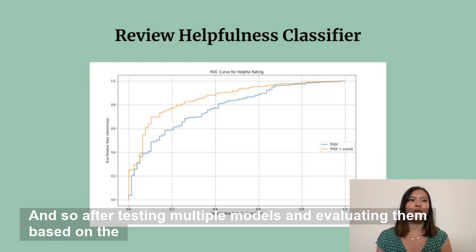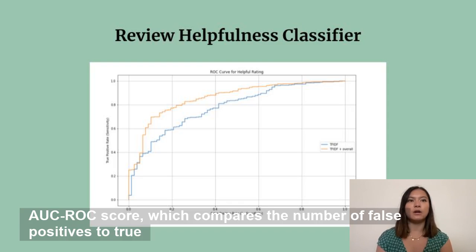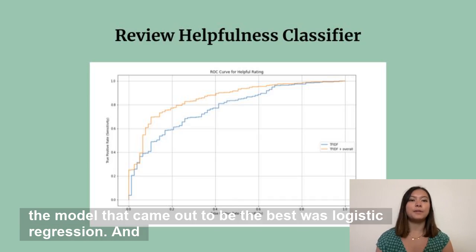And so after testing multiple models and evaluating them based on the AUC ROC score, which compares the number of false positives to true positives, the model that came out to be the best was logistic regression.